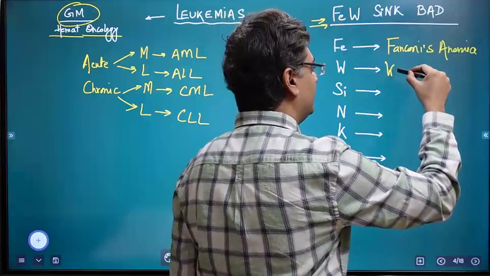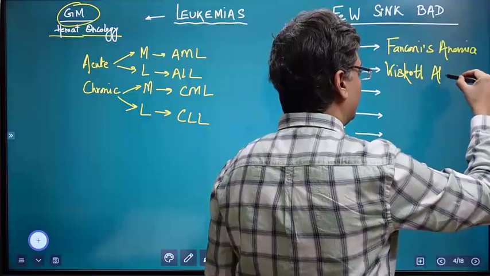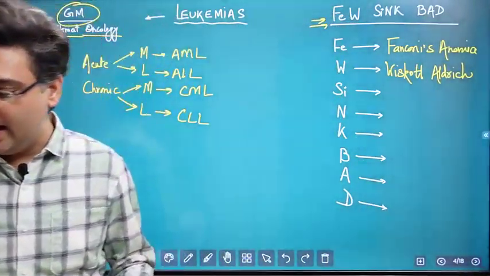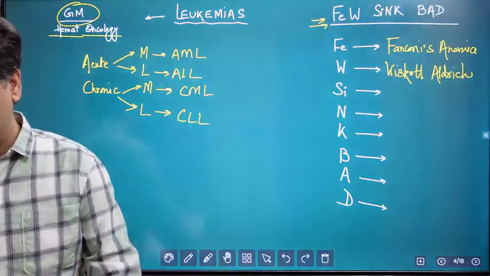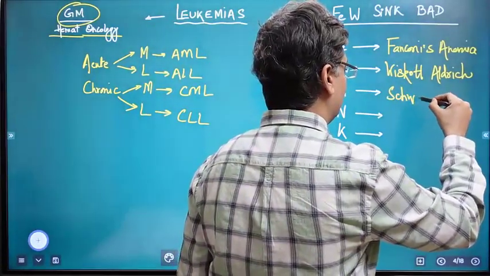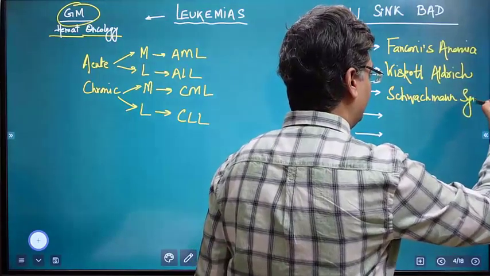What is the W here? The W is the Wiskott-Aldrich syndrome. That's the second one here. S here stands for Shwachman syndrome.